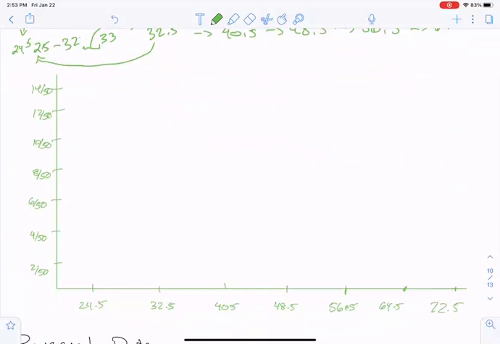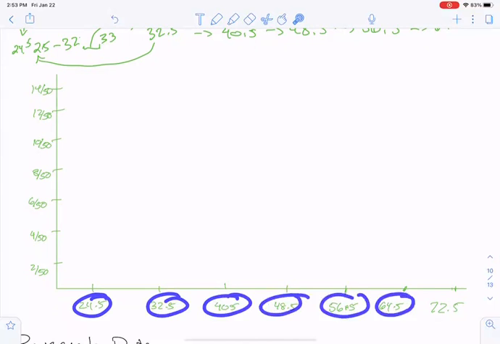And so what we do is plot all of those values as our x-axis right here. We'll have 24.5, 32.5, 40.5, and so on. And so I know anything that falls here has to fall in the first class, because if all of our values are integers, they just have to fall there.